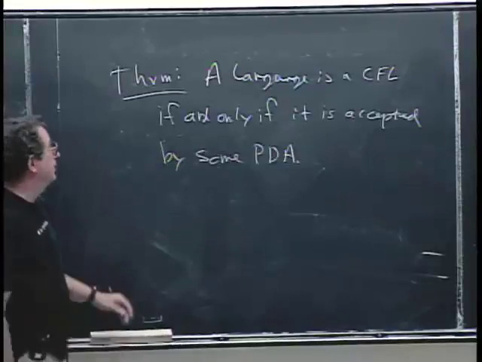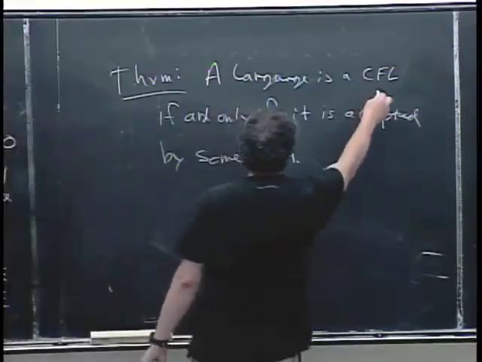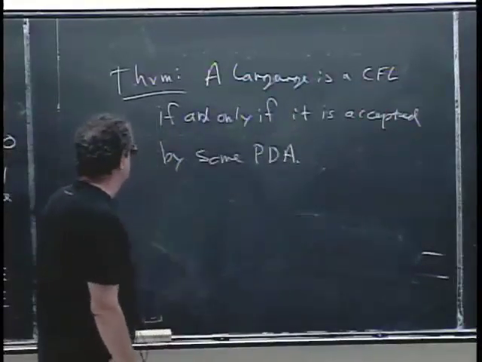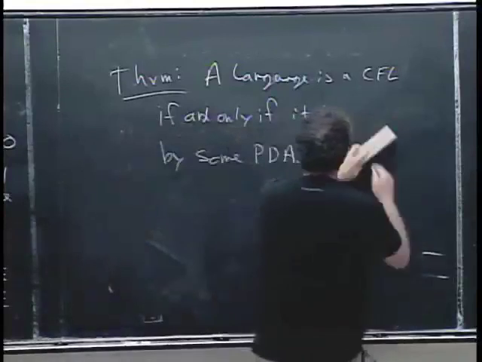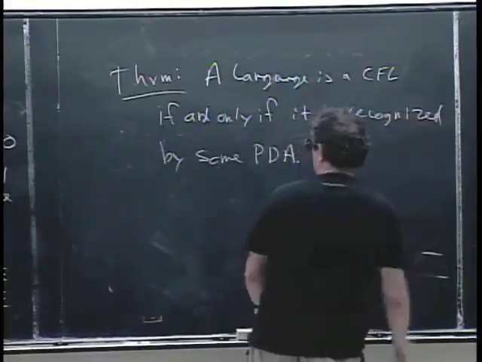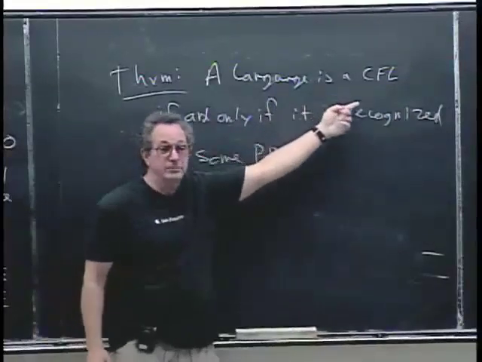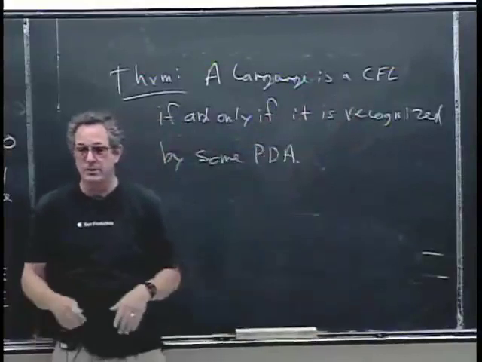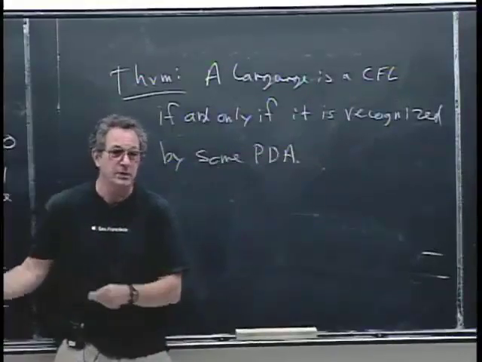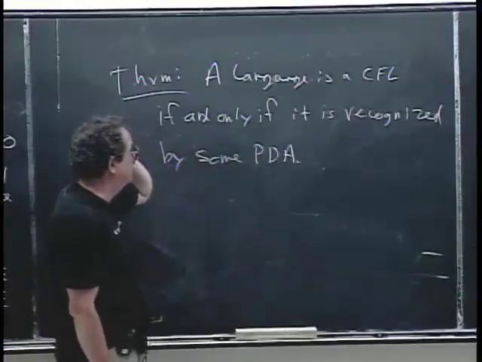Here we have this set of languages, the context-free languages, that are exactly equivalent to the languages that are recognized by some PDA. So we've defined context-free languages by the languages that are generatable by context-free grammars. And we have a machine here, a PDA, that can recognize languages.